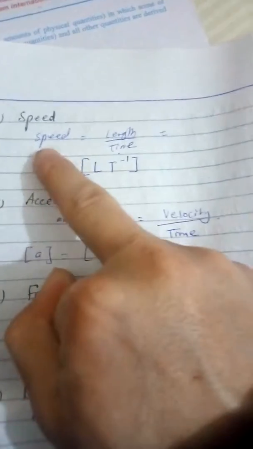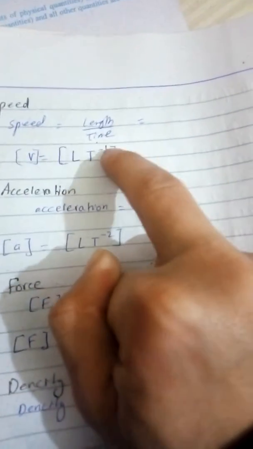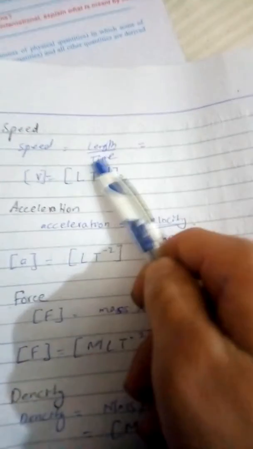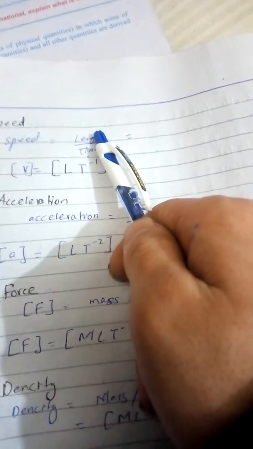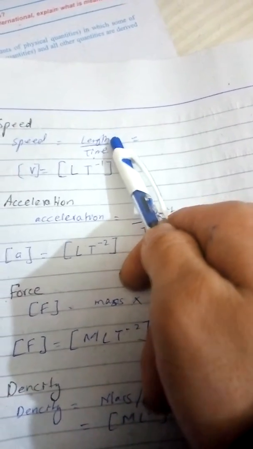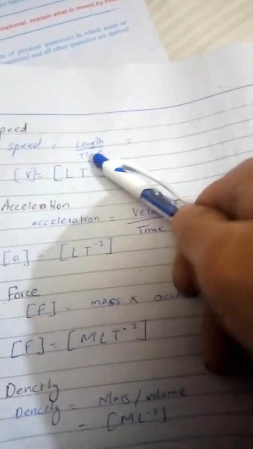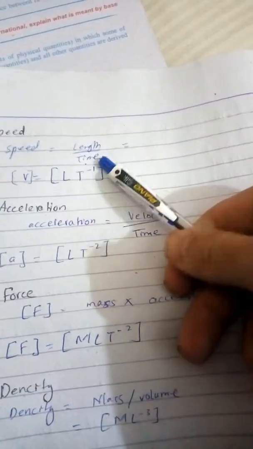For example, we say speed is length over time, because speed is basically distance traveled in time. As we know, distance is a length, which is a base unit, and time is a base unit itself.